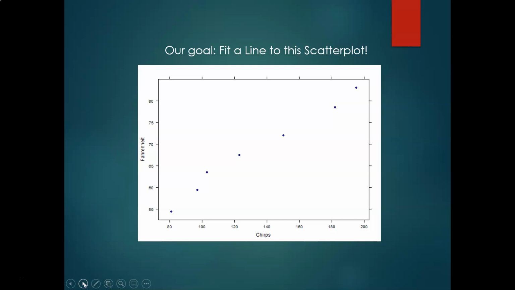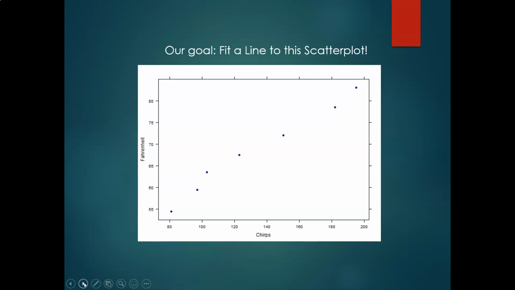Now, the diagonal line, or the diagonality, I should say, of that line, tells us a couple of things. One, it tells us that there is a pretty good relationship between the number of chirps and the temperature. If there wasn't, then those points would be scattered all over the plot, and they wouldn't necessarily fall into a nice clean line. It also tells us that there is a linear relationship between chirps and the temperature.